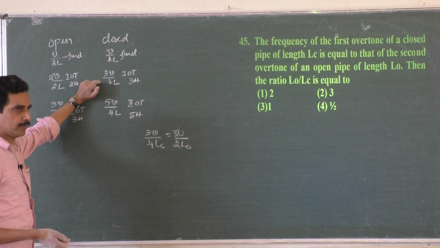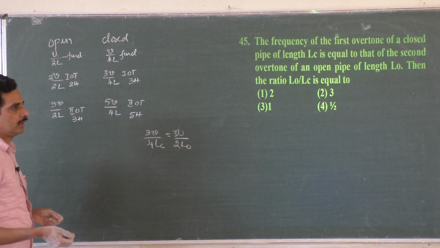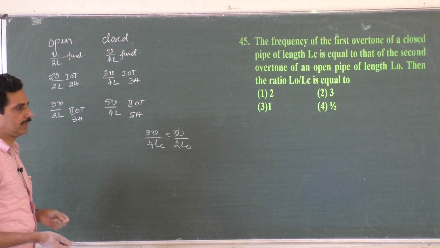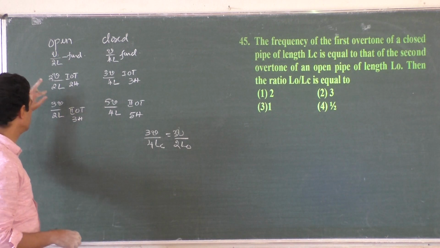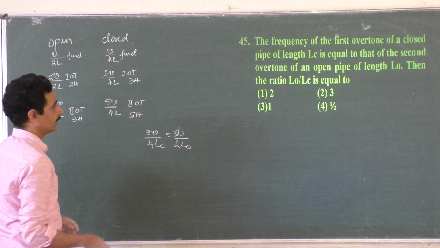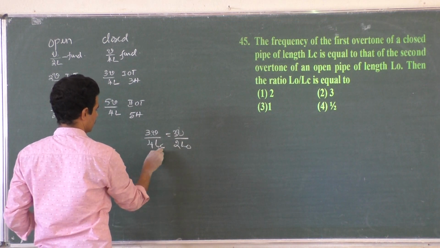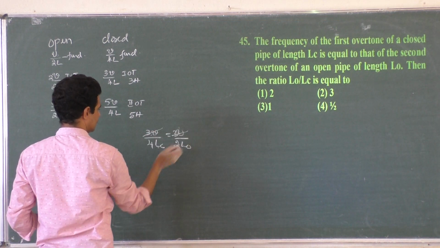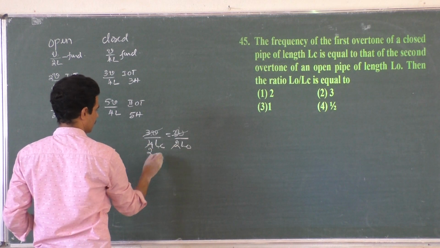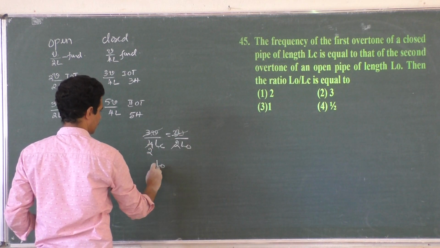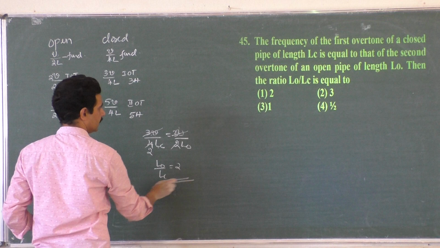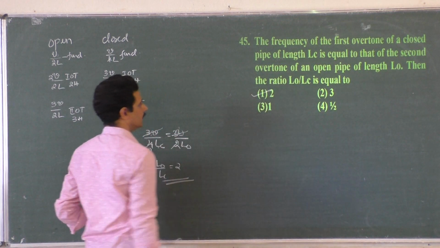Second overtone of open pipe: V by 2L, 2V by 2L, 3V by 2L, all multiples. What is L0 by LC? 3V gets cancelled, and this is 2 times. L0 by LC is equal to 2, right? Option 2.